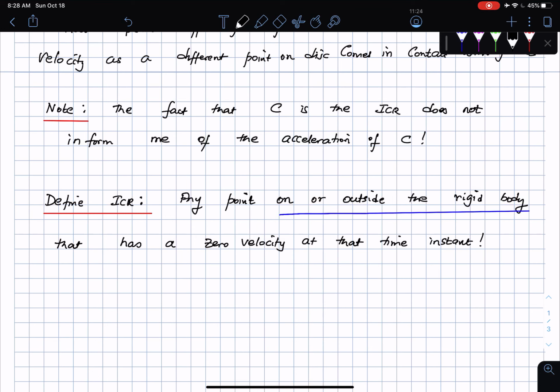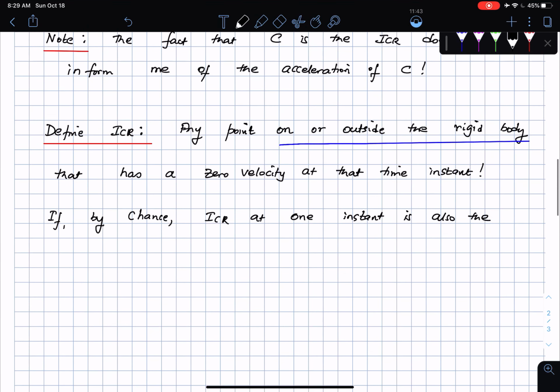Okay, so if by chance the ICR at one instant is also the ICR at the next instant, then this is nothing but a fixed point.